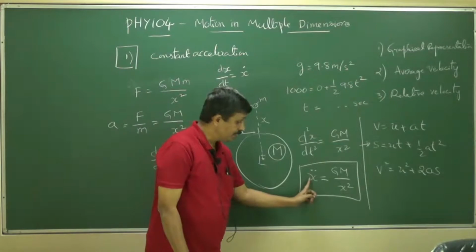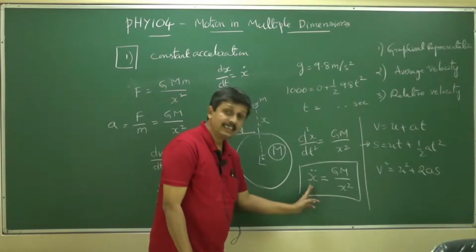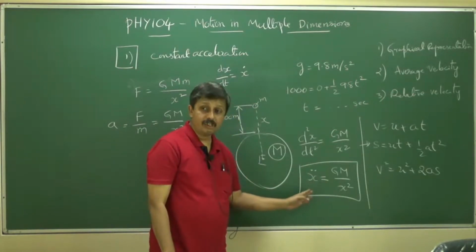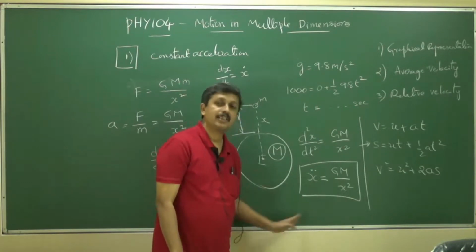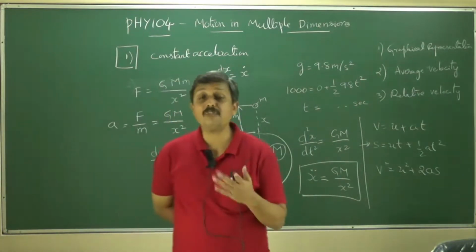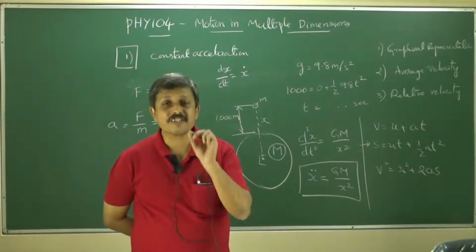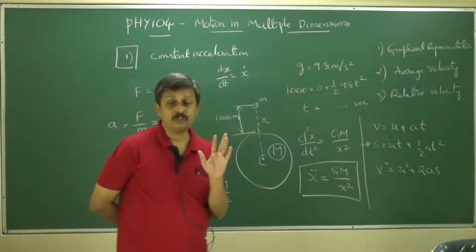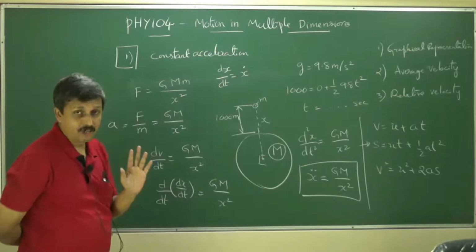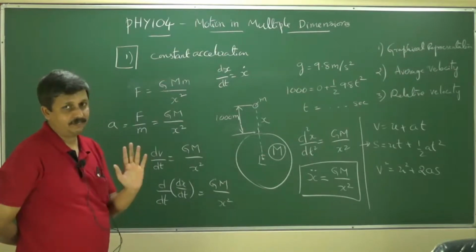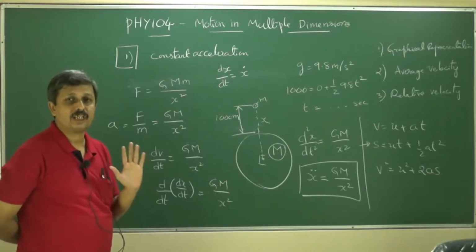Double differentiation here. There are differentials in the equation, and hence it is called a differential equation. Solving differential equations to some extent is there up to 12th, but we will not go into the full details. I will show you some simple things that are useful for you.